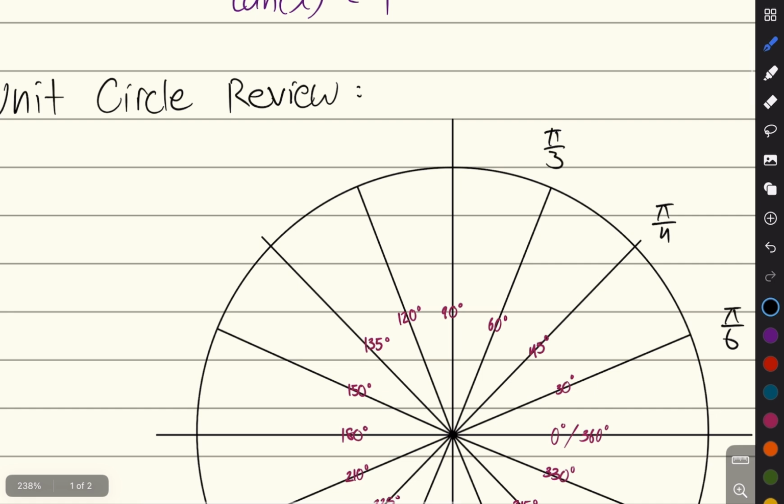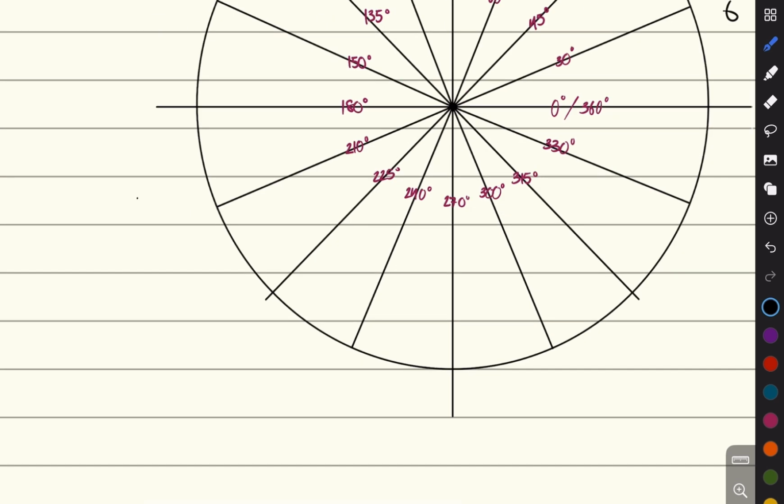So in the second quadrant, I can see that the number 2 goes here, and we know that the pi goes here. So 2, 3, 5, 7, 5, 4, and 5, 7, 11.